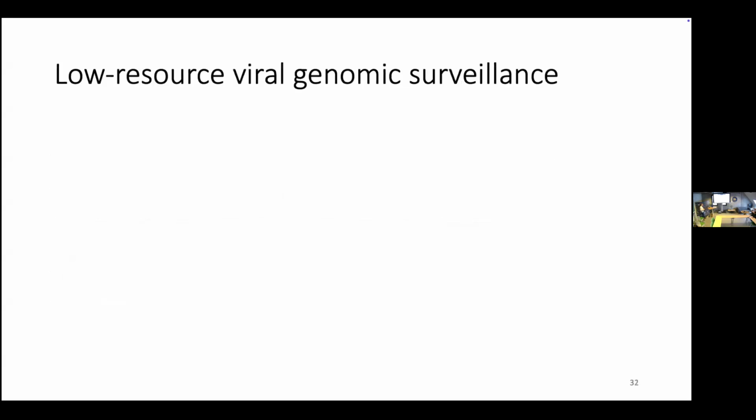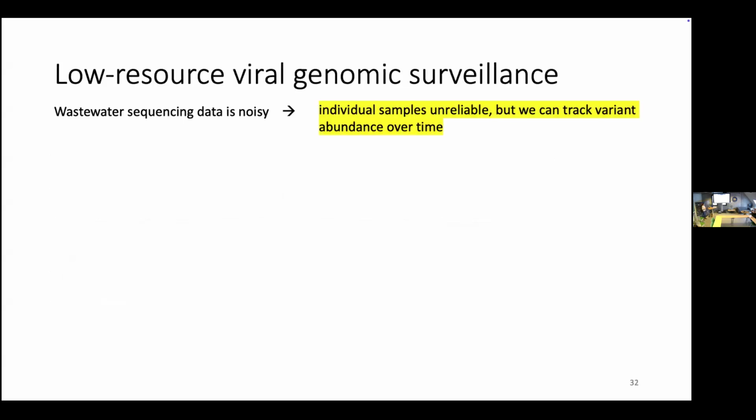Okay. So to wrap up, what I've shown you is that we can use wastewater sequencing data to do genomic surveillance and to see how a virus is evolving over time. Individual samples in this are very unreliable simply because of the nature of wastewater. But we can track variant or lineage abundance over time.